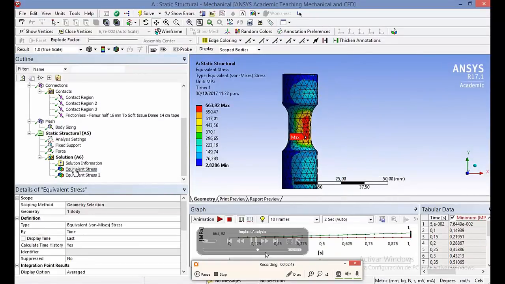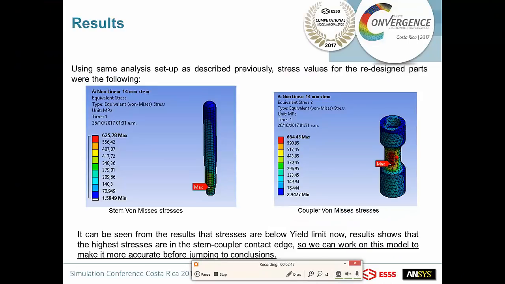These results are really good. We have 625 megapascals for the stem and 664 for the coupler, which both are way lower than the yield strength that we talked about before, that is about 780 and 890 megapascals.